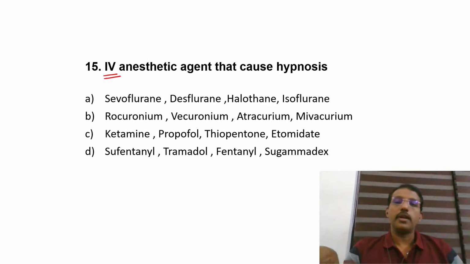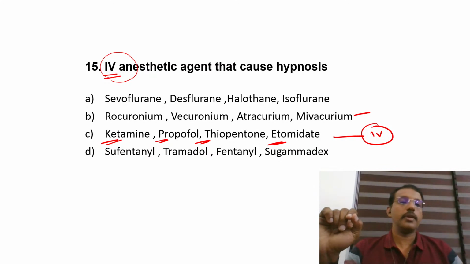Okay. So IV anesthetic agents: ketamine, propofol, thio, etomidate. These are the IV agents. While rocuronium, vecuronium, atracurium, mivacurium are muscle relaxants, so no question on that. These are volatile agents: desflurane, halothane.